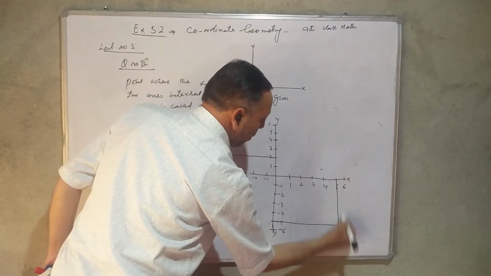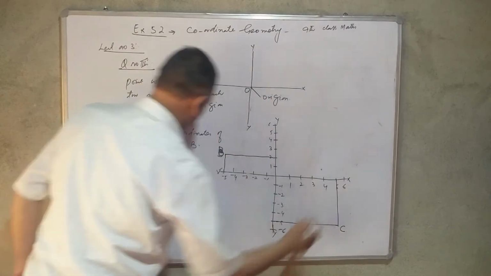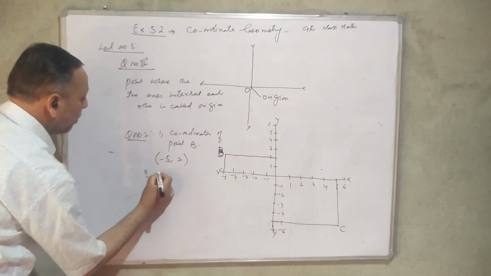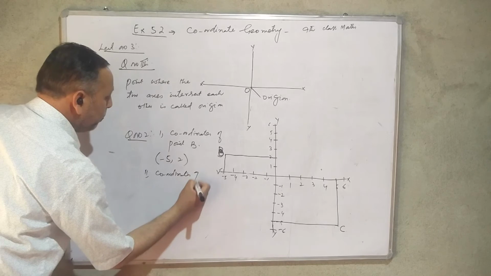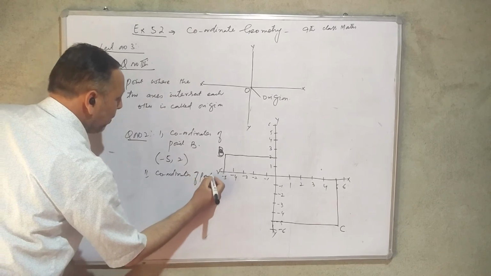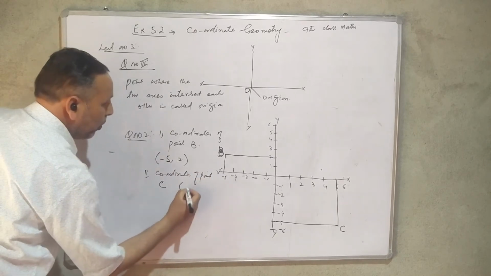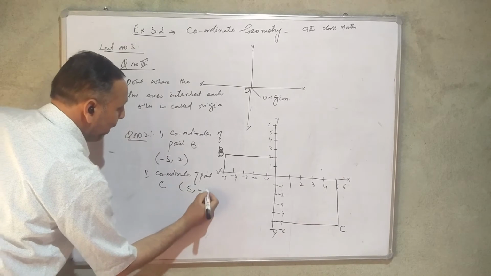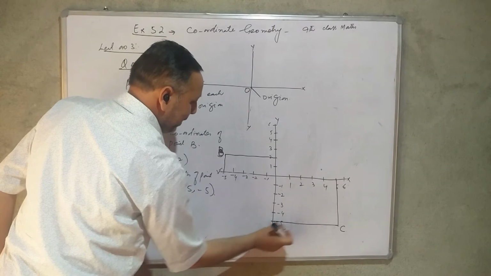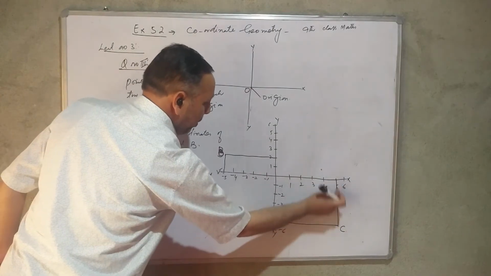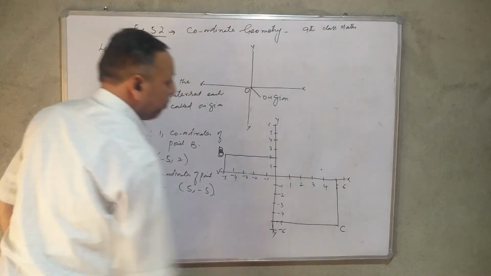So the coordinates of point C are 5 and -5. First write the value of x, then the value of y.